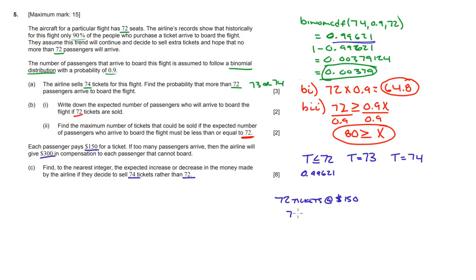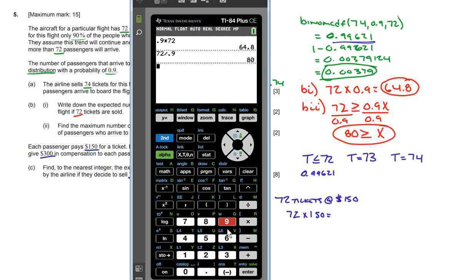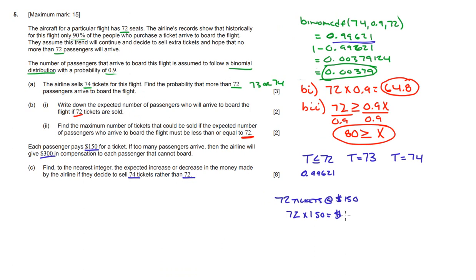So if we do 72 times 150, that's going to give us how much the airline's going to take in for that flight. So 72 times 150 gives us $10,800, right? So that's if we end up in this range here.